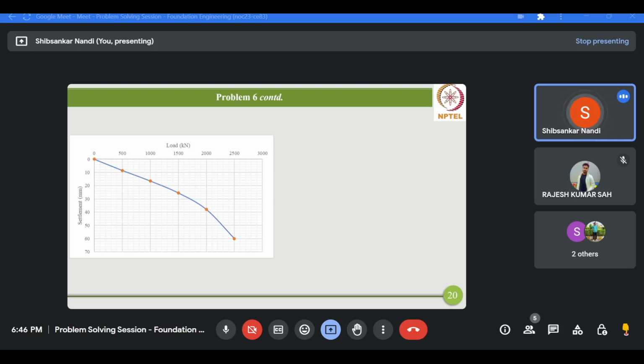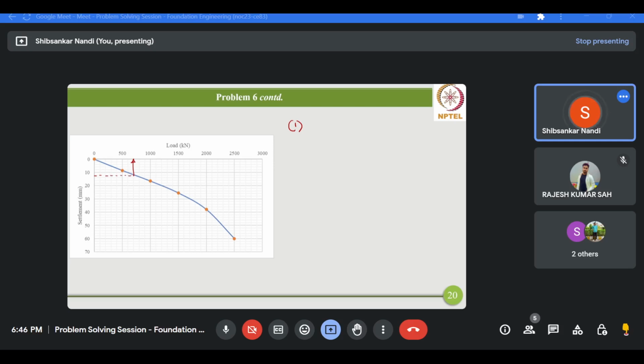So this is the curve which I have obtained. Now first we have to calculate the load corresponding to 12 mm settlement. Now this is the 12 mm settlement. Okay, so this interval is basically 2. So corresponding to 12 mm settlement, the load is this.